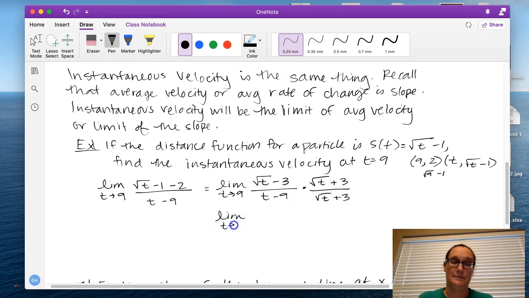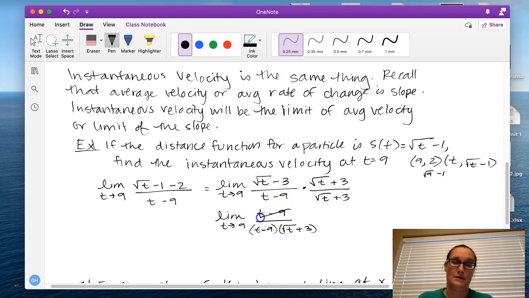When we multiply by the conjugate, remember you multiply firsts. So square root of t times square root of t is t. And lasts, we ignore the middle because they'll cancel. So -3 times +3 is -9, which is what we want. Otherwise, nothing cancels and we did something wrong.